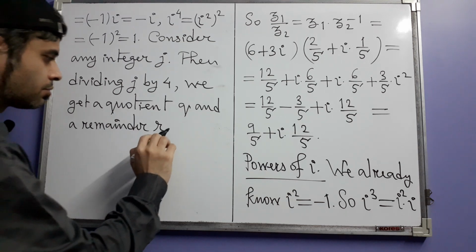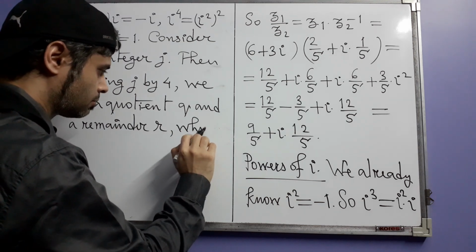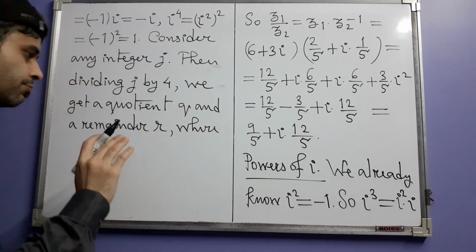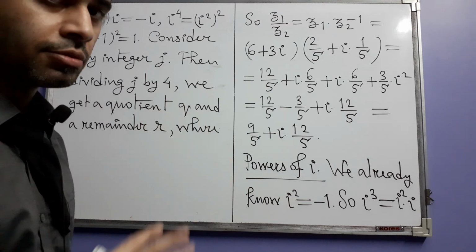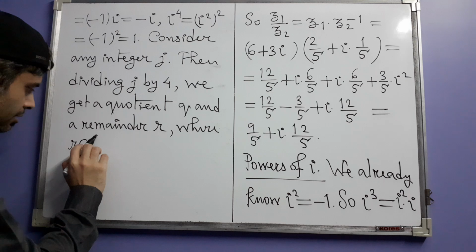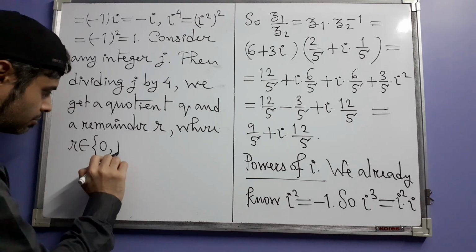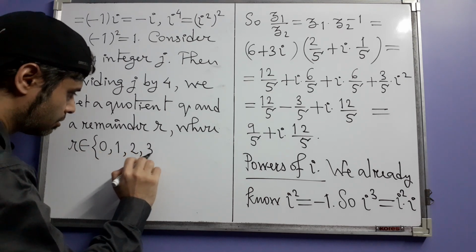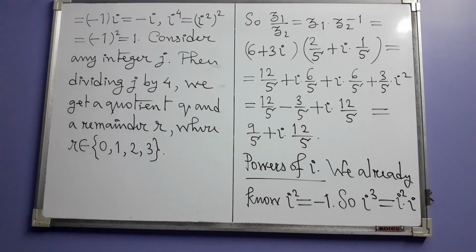R, where there are only 4 possibilities for R, and the possibilities are these: 0, 1, 2 and 3.